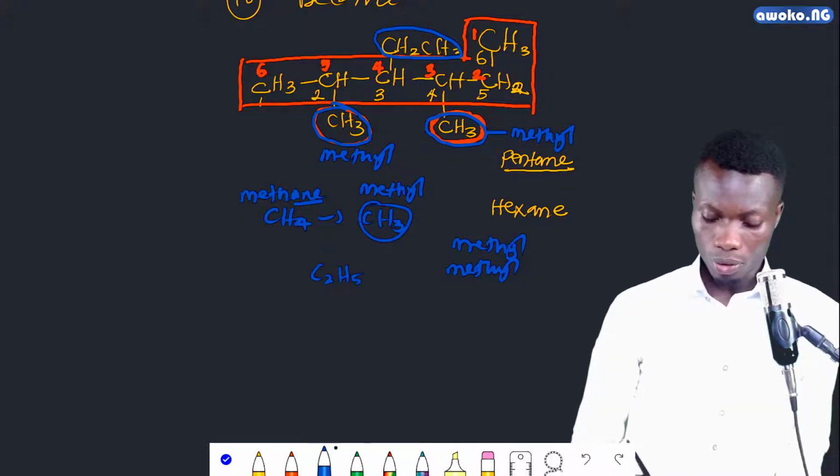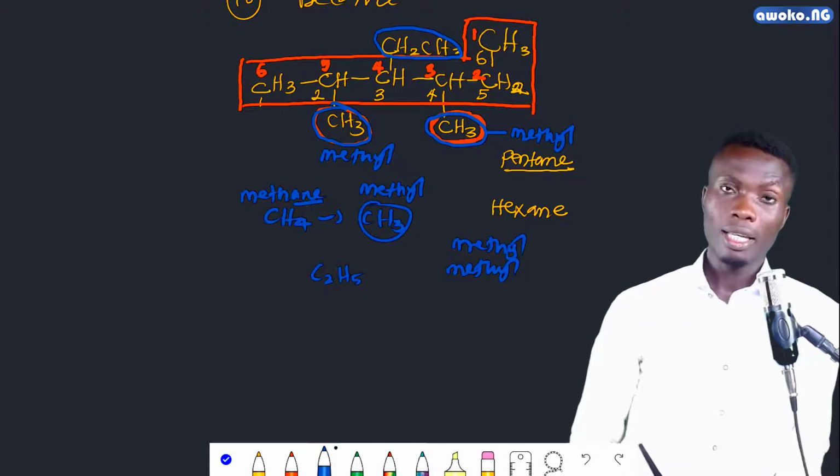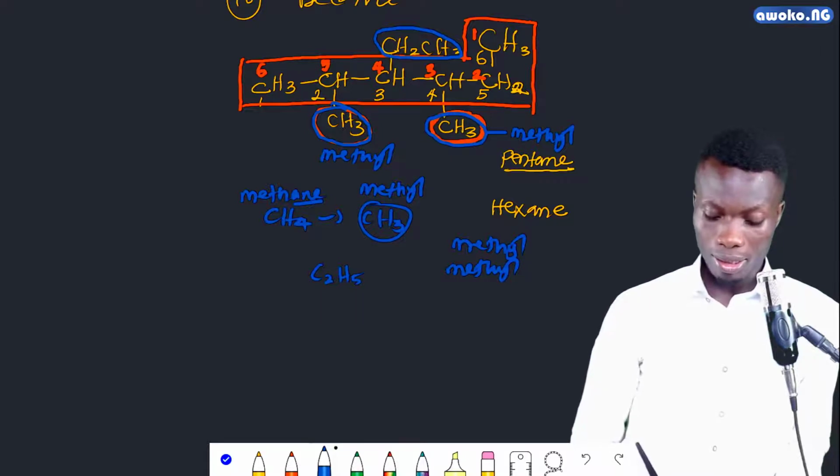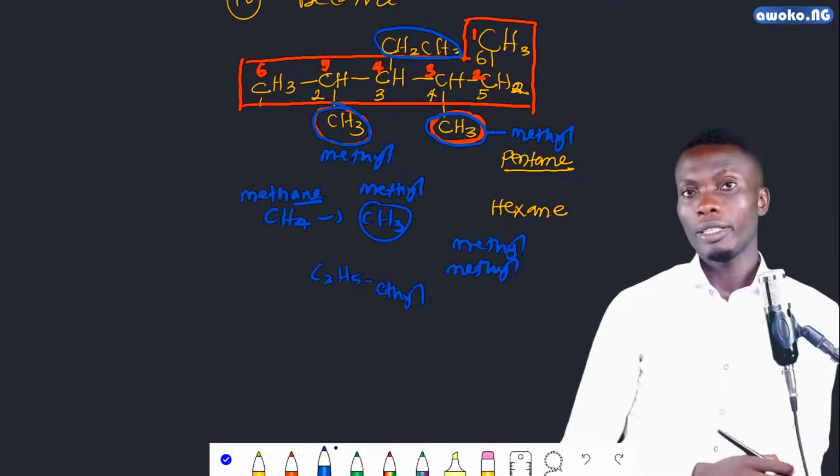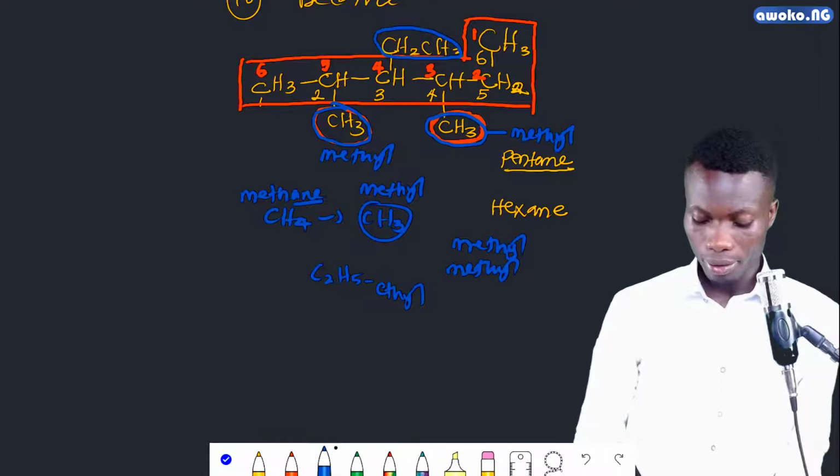And I told you that this is from a corresponding alkane, which is ethane. Because it has lost one hydrogen, instead of calling it ethane, we call it ethyl. So we have an ethyl group, and then we have 2 methyl groups.